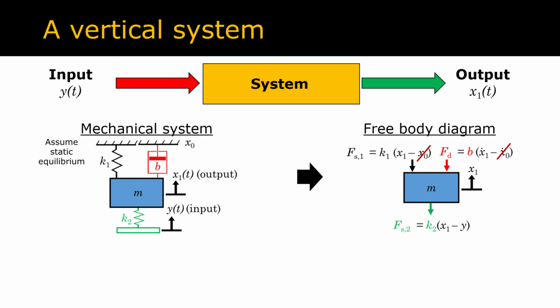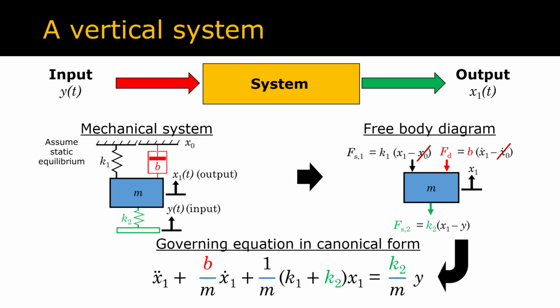Because the reference position x sub 0 is fixed, x sub 0 and x dot sub 0 can be neglected. From this free body diagram, we could apply Newton's second law and obtain the governing equation, and by dividing through by mass, we get the governing equation in canonical form.